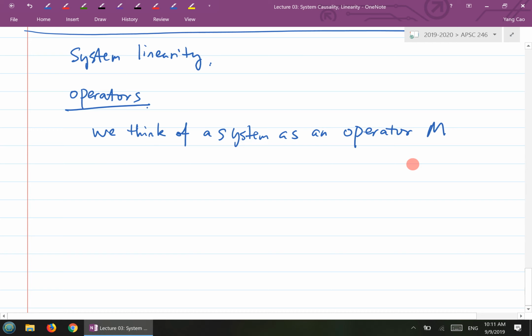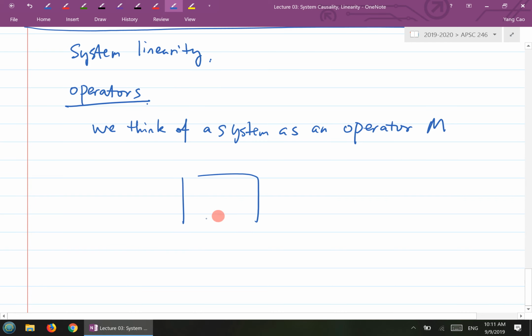So for example, we have a very simple system. If I have x of t here, we can have a derivative action, and that produces outputs. That's a simple system. The action here is a derivative action.